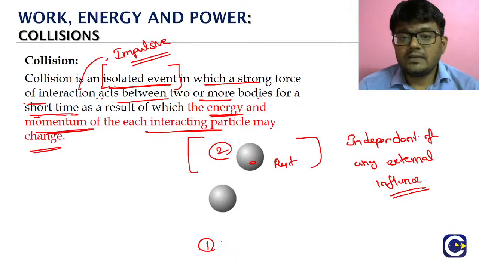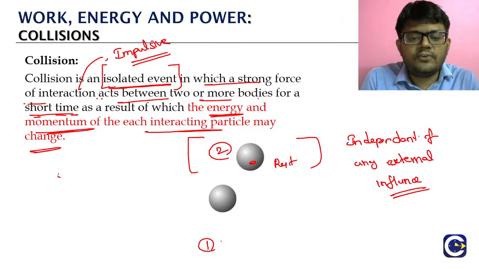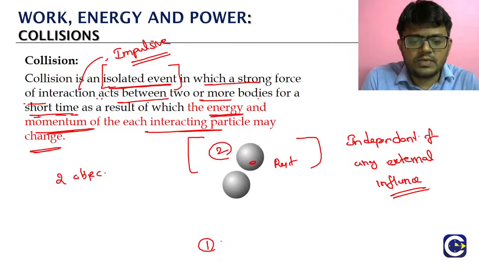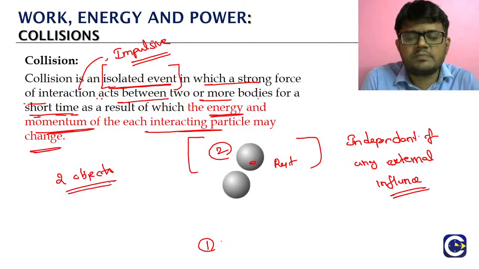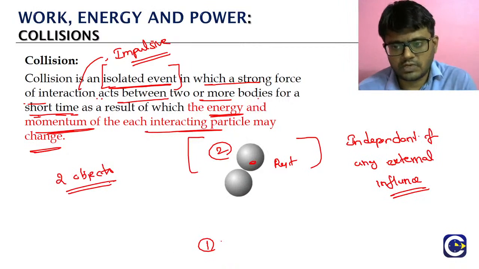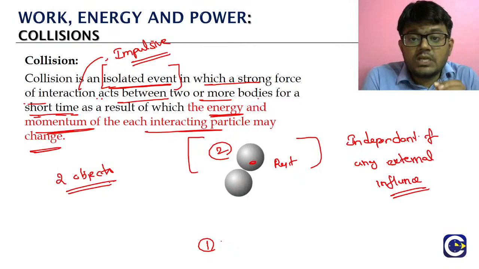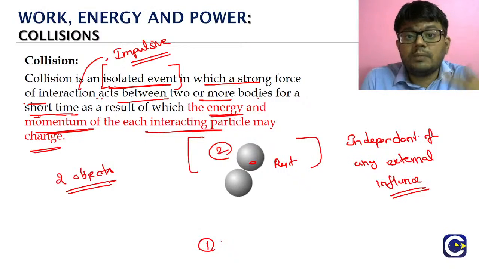Mostly in our purview, we'll try to study the collision of two objects. We can also have collisions of many objects, but most of the time when we talk about collision, we'll be referring to two objects or two bodies. When we say collision of two particles, we're talking about point masses.